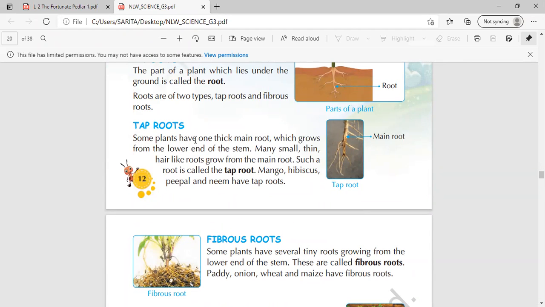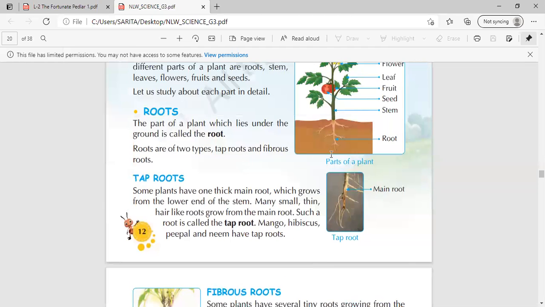Some plants have one thick main root which grows from the lower end of the stem. Look at the picture. This is the stem. This grows from the lower end of the stem. And a thick root is there. And many small, thin, hair-like roots grow from the main root.